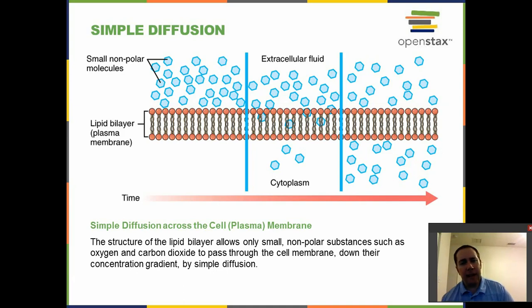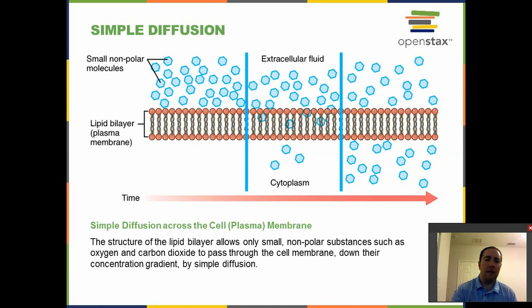But with a cell, we have a plasma membrane separating the inside and the outside of the cell. So imagine in this situation, we have something on the outside of the cell, a whole bunch of it. Let's say it's sugar on the outside of the cell, and we have no sugar on the inside of the cell. Basic physics, diffusion, says that this sugar wants to diffuse into the cell. But we have a plasma membrane in the way, so it can't just very quickly move over there.